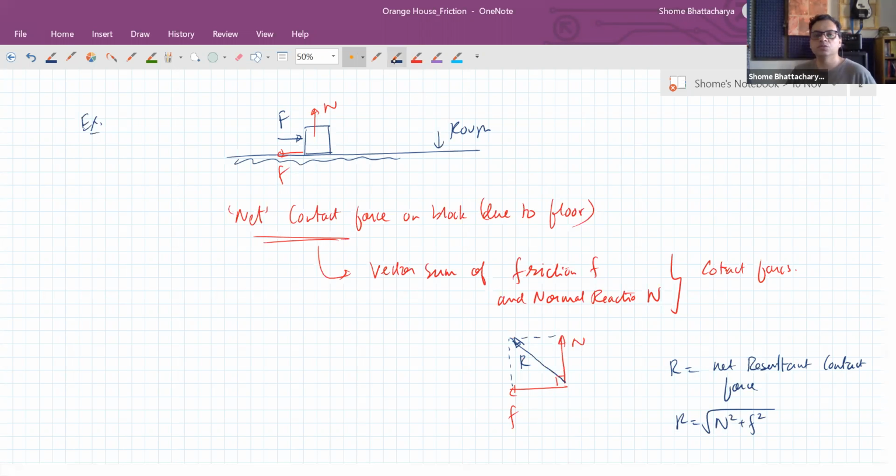And suppose R is making an angle theta with the vertical, then you can see that theta is tan inverse of friction by normal reaction. So there are some questions in HCV in the beginning where you might be asked to calculate this.